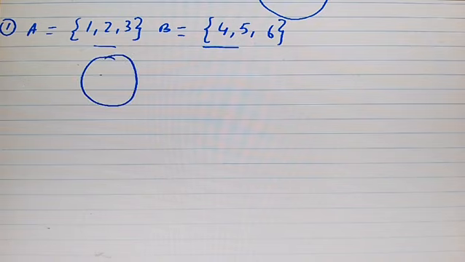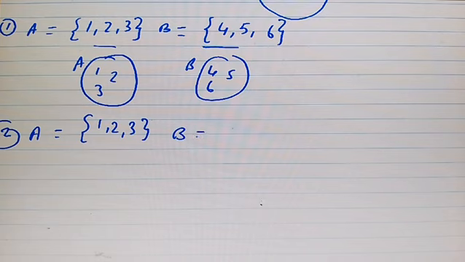Now let's move to the next one, where I'm writing A as 1, 2, 3, and B is equal to 3, 4, 5. Now there is one number common. Then how will we write it?